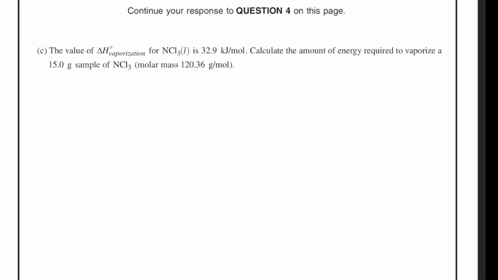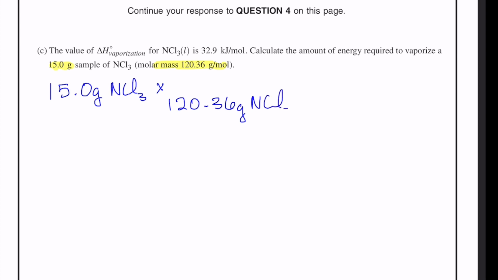So for part C, I am given a starter amount and I'm given a molar mass. So the strategy that I would take first is just go with stoichiometry and see how it is from there. So I have these grams of NCl3, and my intuitive strategy would be to convert this to moles and then see what happens and see if that can help me get to my amount of energy.